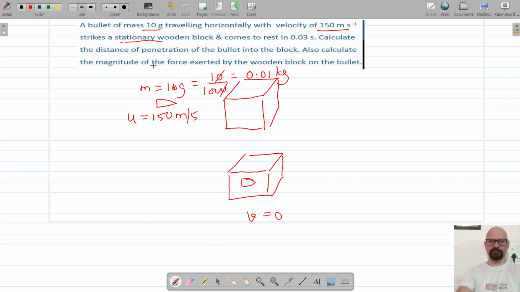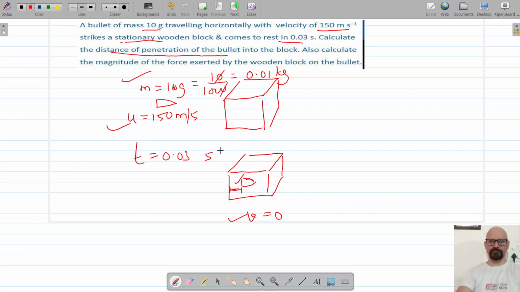We have to find the distance of penetration of the bullet into the block. That is, we have to find this distance of penetration into the block. So mass is 0.01 kg, initial velocity is this, and the final velocity is this. And it's given that it comes to rest, and the time is 0.03 second.